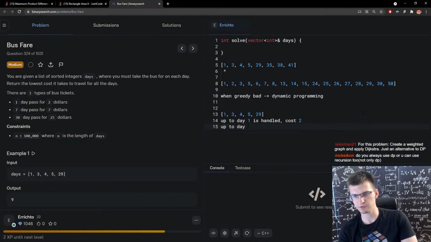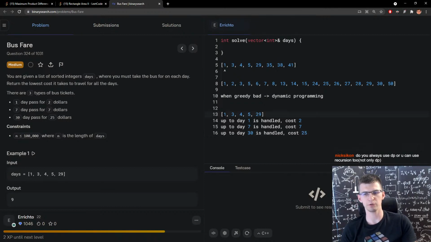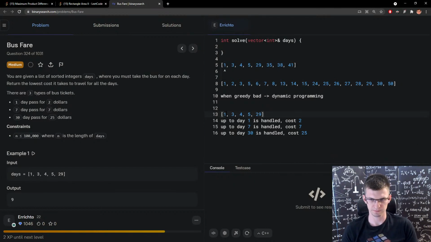Or up to day 7 is handled. The total cost so far is 7, or up to day 30 is handled. Cost is 30, cost is 25, sorry. Those are 3 possibilities of how we can cover the first day.